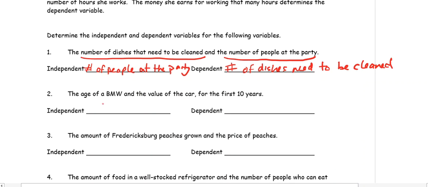The age of a BMW and the value of the car for the first 10 years. Okay, the age of the BMW and the value of the car. I'm going to say age of BMW is independent, and the value of the car is going to be dependent on the age.